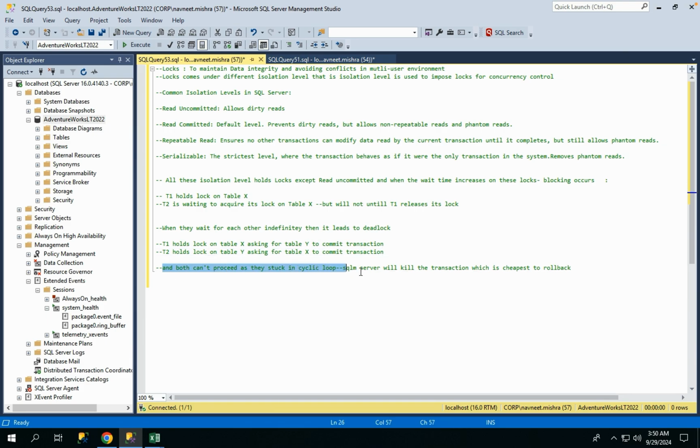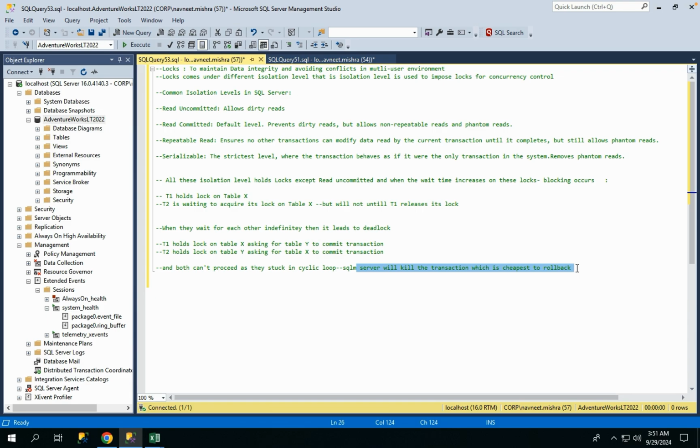To resolve this, SQL Server will kill the transaction which is the cheapest to roll back. So it is very clear the difference and the relation between the locks, the isolation levels, the blocking, and deadlock. How all four are related to each other.